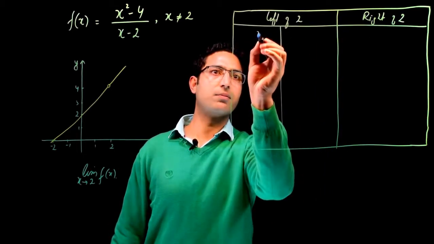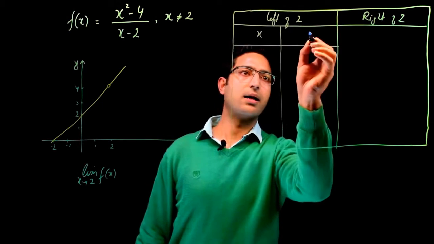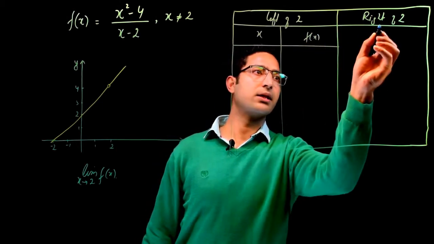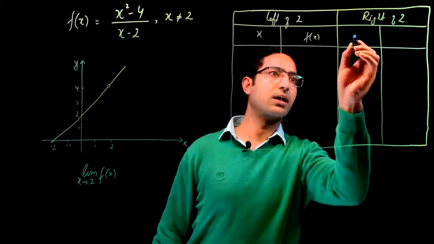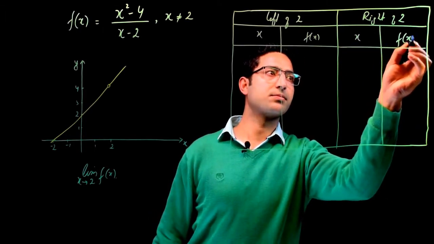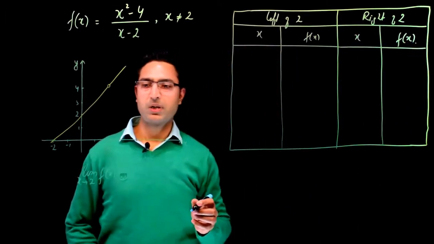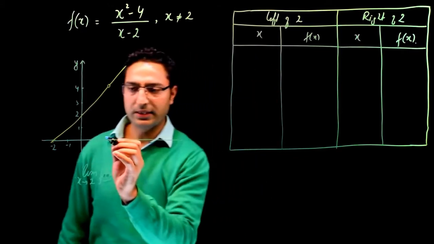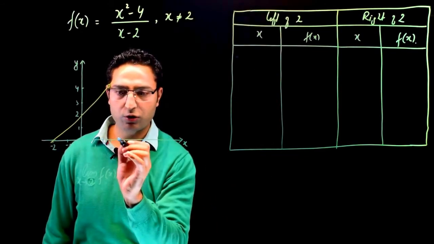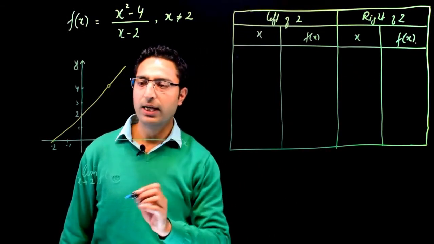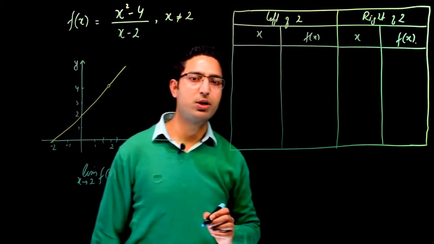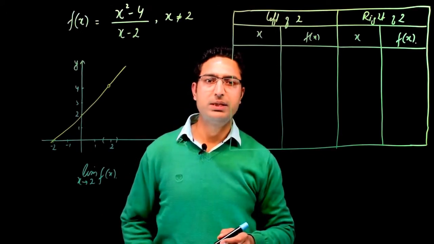Here we have x and f of x, here also we have x and f of x. Now in this column we shall take the points which are to the left of 2 but close to 2, and in this column we shall take the points which are to the right of 2 and close to 2, and we will look at the function values at those points, just like what we did in limit of function part 1.